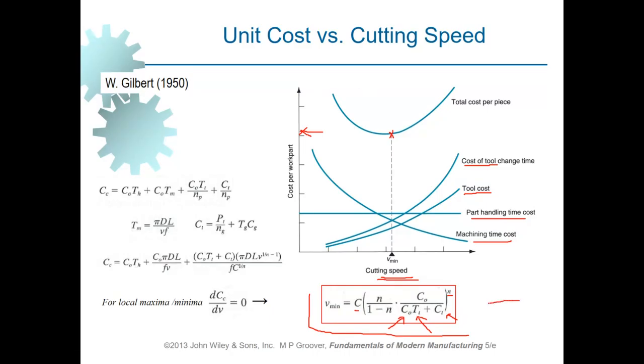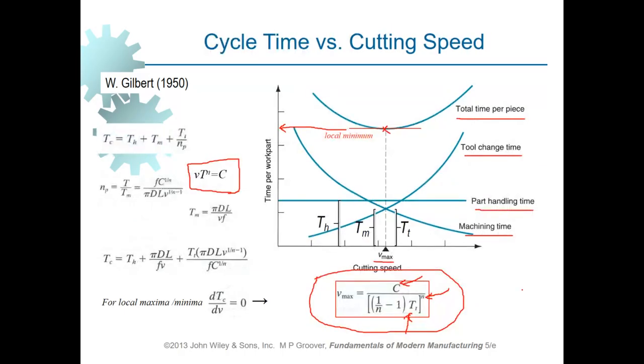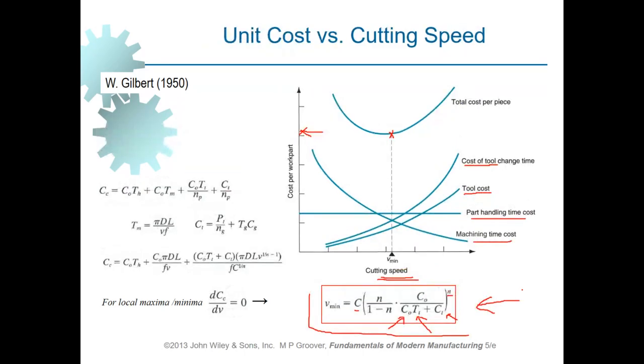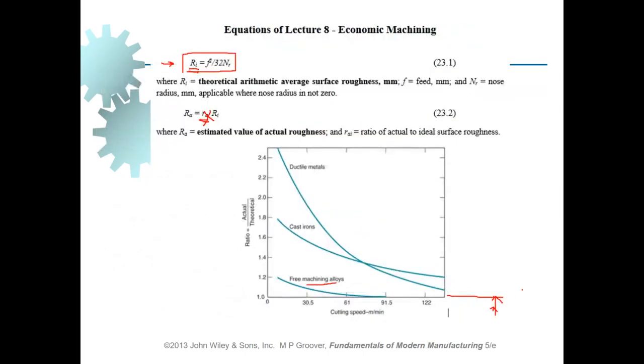So if our task is to get the value of the cutting speed giving us minimum production cost, this is the equation to be used. If we want to get the cutting speed giving us maximum productivity, the other equation is to be used. Two different equations for cutting speed.